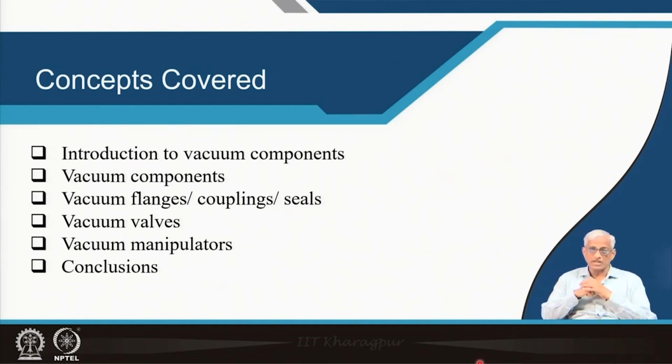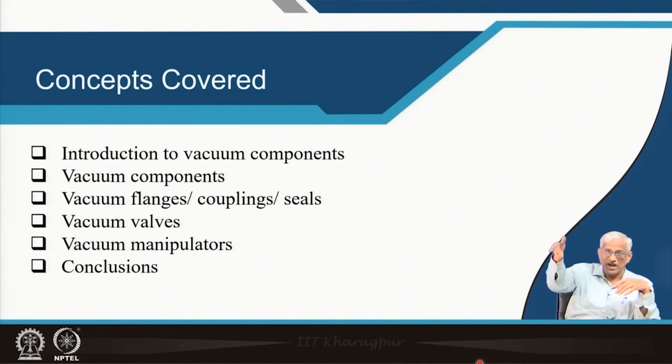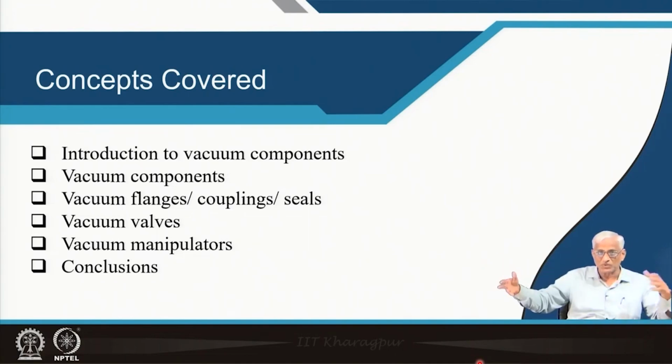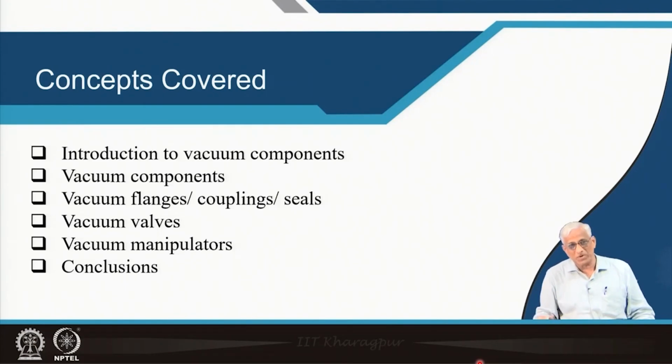And towards the end, very sophisticated manipulators which are compatible to vacuum also we will be introducing, because these are very important in nuclear processes, semiconducting processes, and even space technology, for example, metallurgy, where you cannot put your hand inside, but you need to manipulate, you have to do some translation, some rotation. So, all these things broadly come under components, vacuum components.